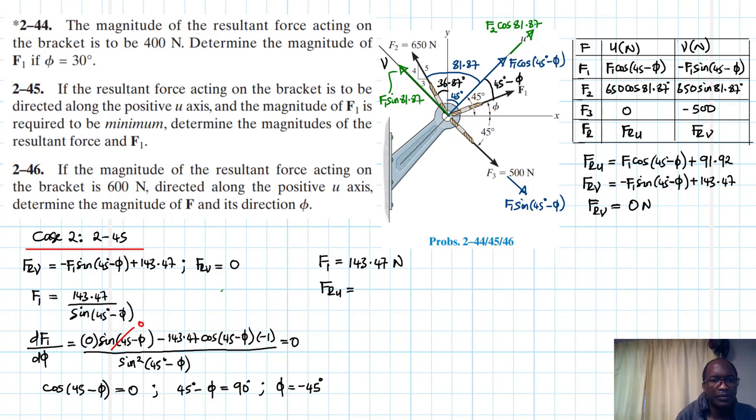We know that phi, we already calculated what phi is. We know that phi is equal to minus 45 and F1 is equal to that.